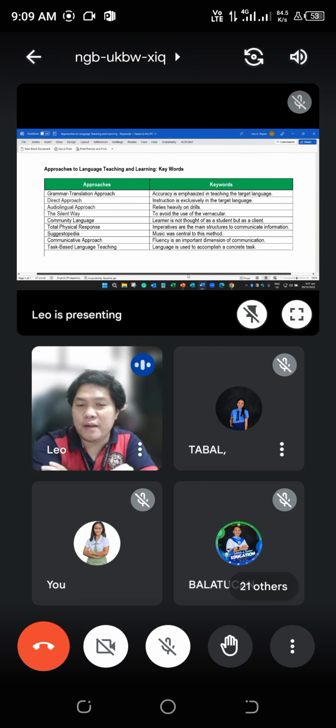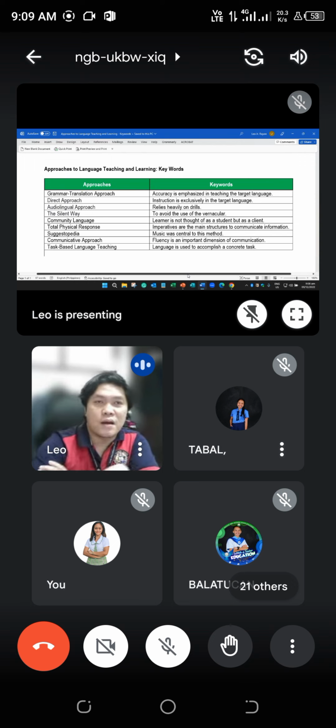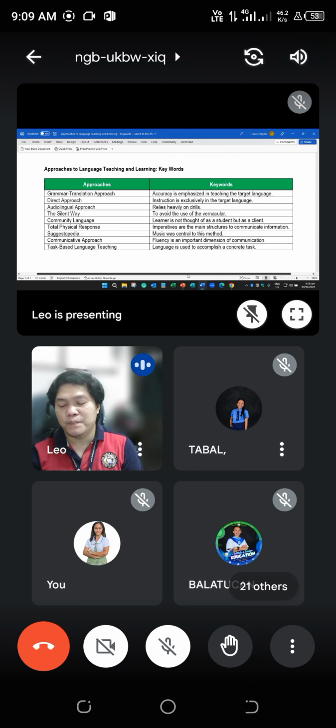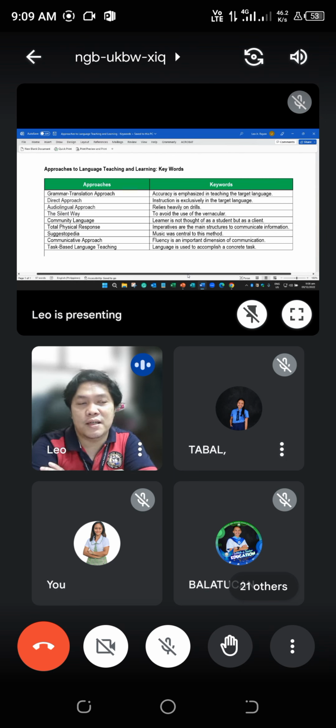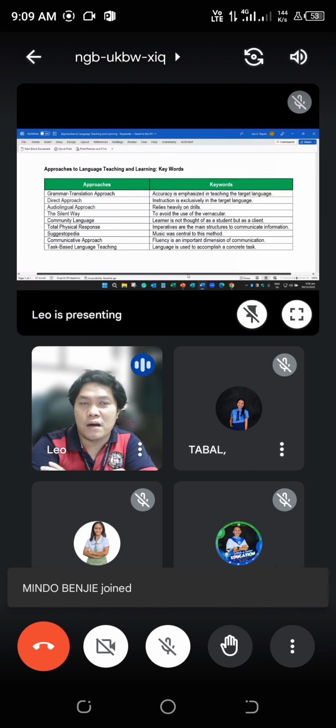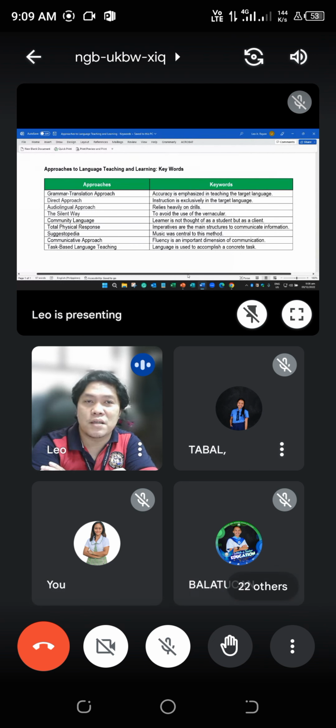And then the second one is the direct approach. When we talk about the direct approach, instruction is exclusively in the target language. I remember my days when I was still in college. We had this subject, translation, where part of the journey was learning the Spanish language. We had a teacher who was a Filipino, but when she taught the subject, it was in broad Spanish.